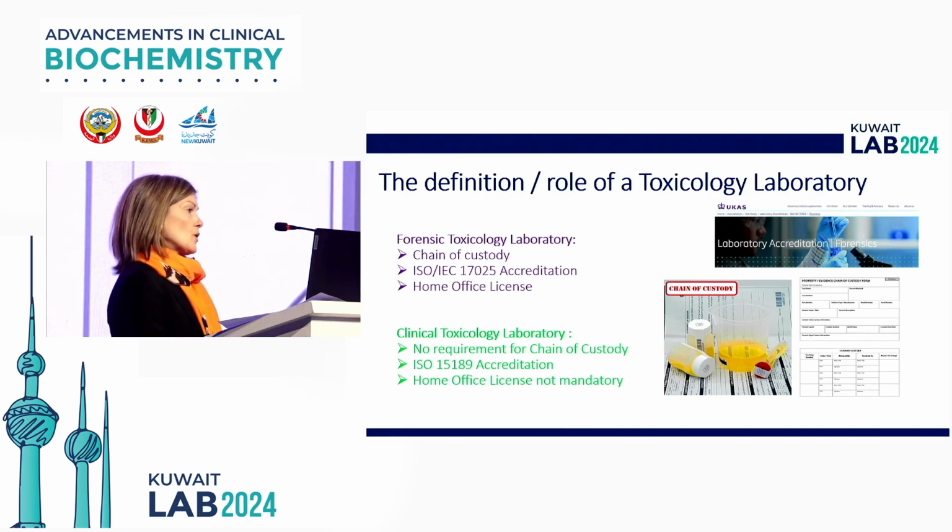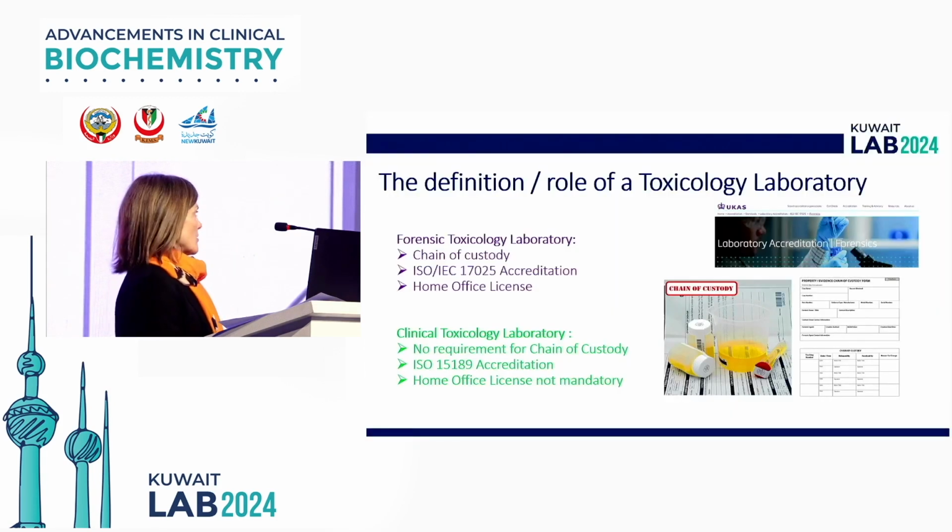And at every point that that sample is transferred from one person to another, one location to another, if anything is done to that sample, it's opened, an aliquot is taken, analysis is done, each step is documented in the chain of custody form.